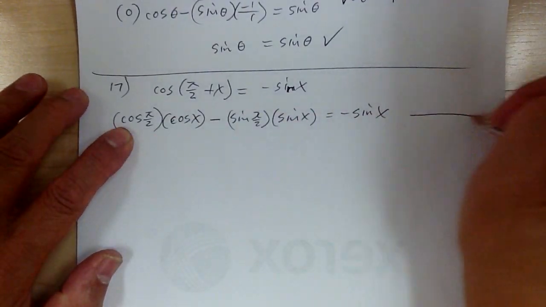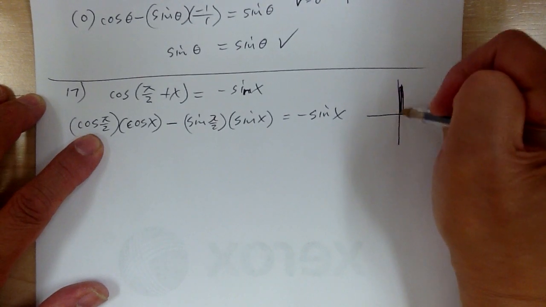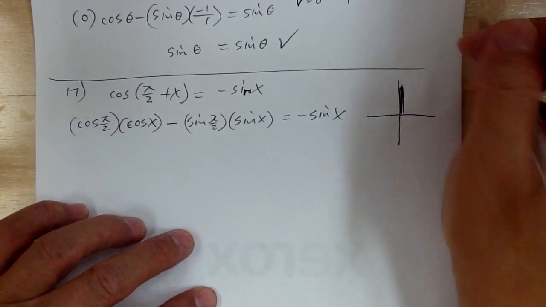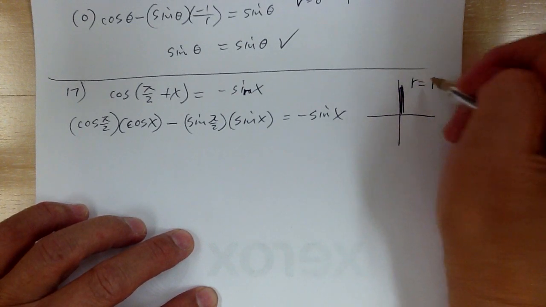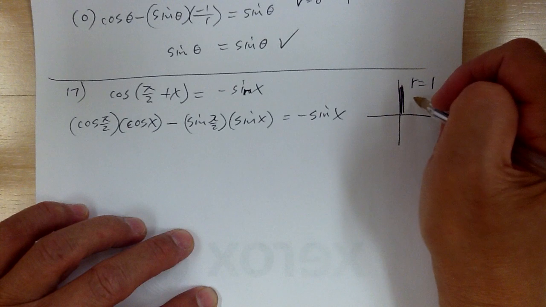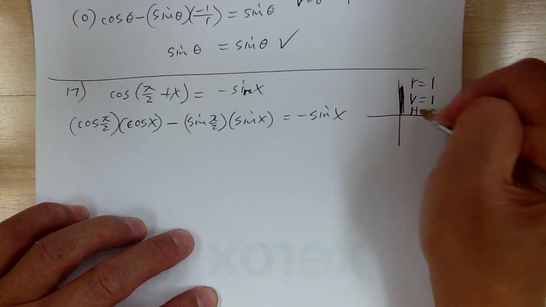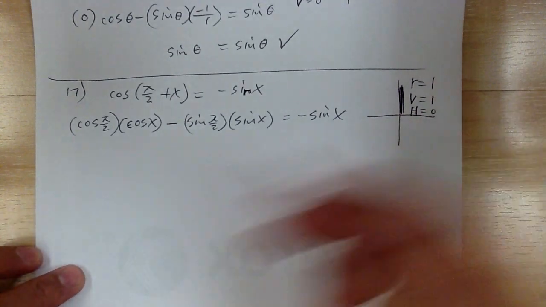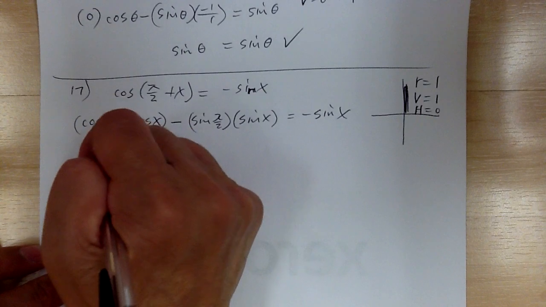Now pi over 2, if you draw your triangle, is 90 degrees, so it's going to be right over here. In this case, the radius is equal to 1, which is the hypotenuse if you draw a circle. The vertical is equal to 1, and the horizontal equal to 0. Now when you evaluate, cosine is horizontal, so it gives you 0.